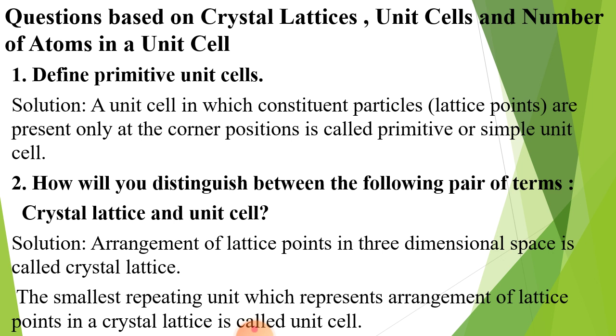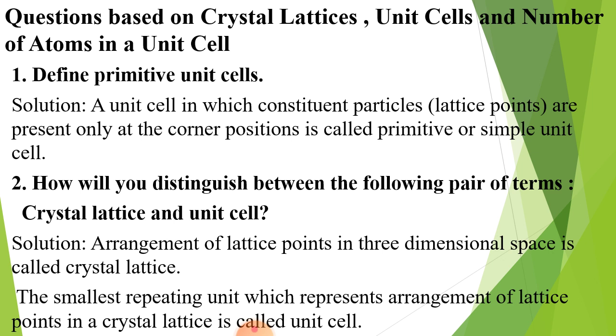Question number 2. How will you distinguish between the following pair of terms, that is crystal lattice and unit cell? Your solution should be like this: the arrangement of lattice points, that is constituent particles, in three-dimensional space is called crystal lattice.